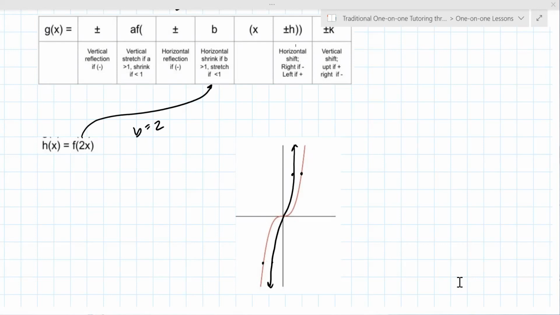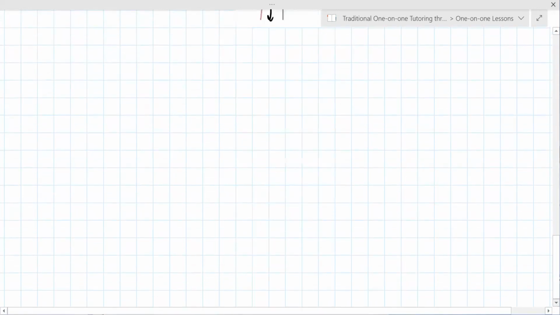What I guess you need to be able to do is, let's say I tell you it's g of x equals -1/2 f of 3x minus 1 plus 2. Do you know what all of this does? That's where we're going. Do you think you can list all the transformations of this?